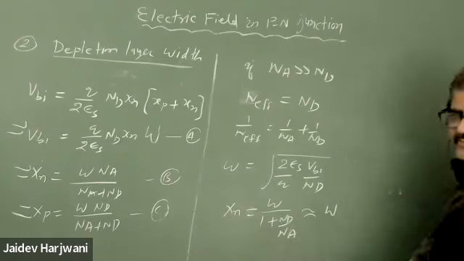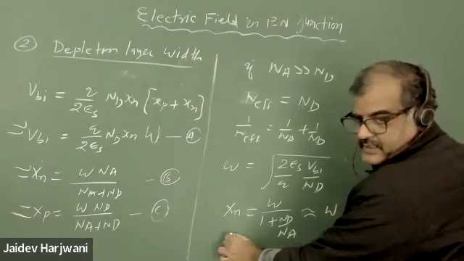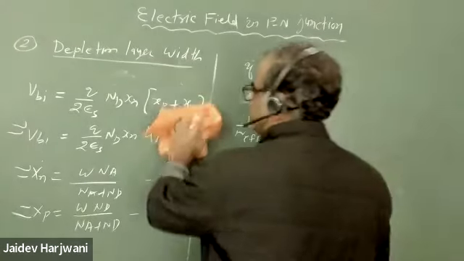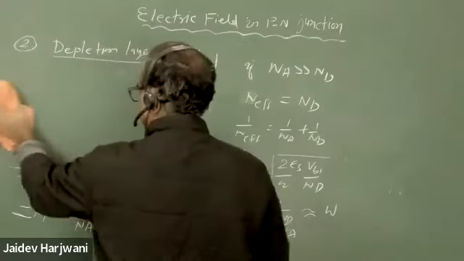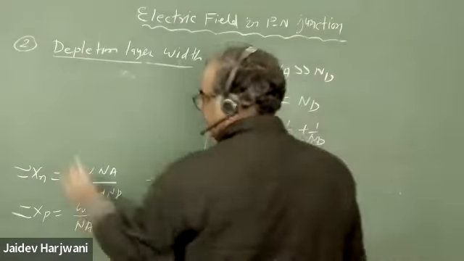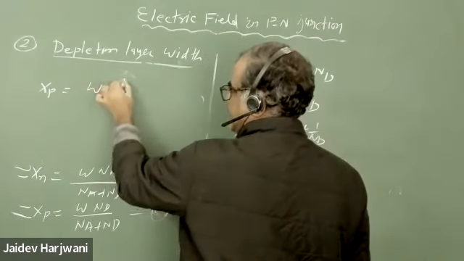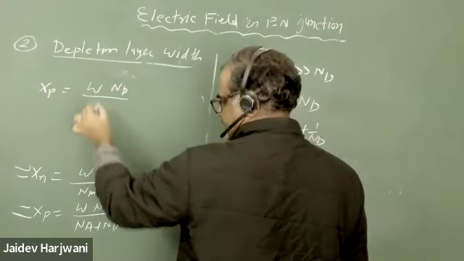And if you calculate Xp, what will Xp become? Xp is W Nd over (Na plus Nd).